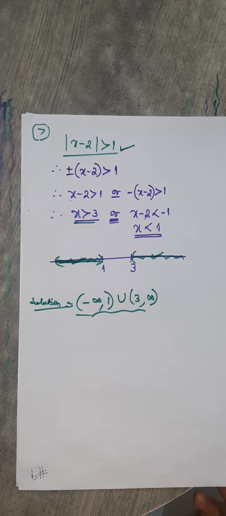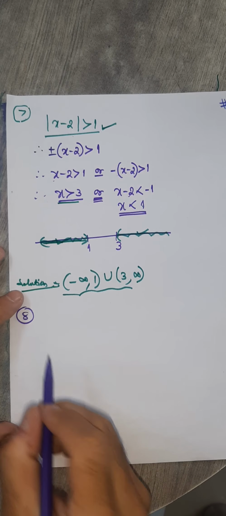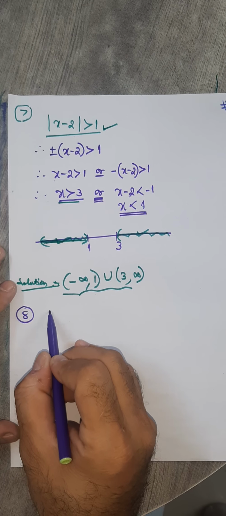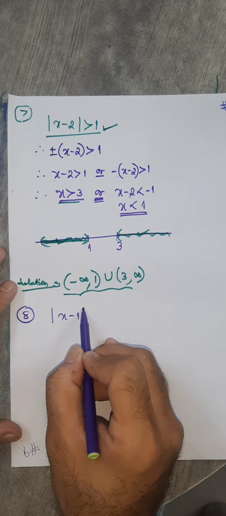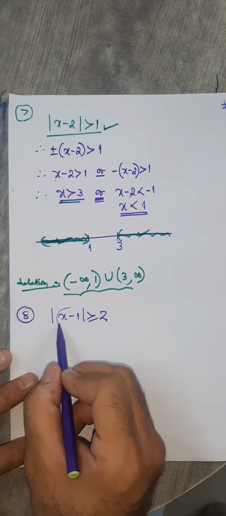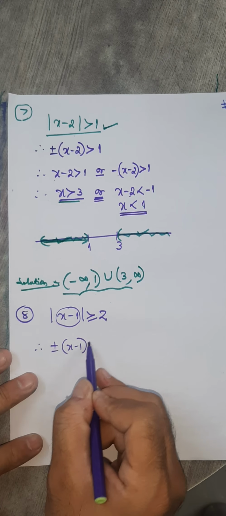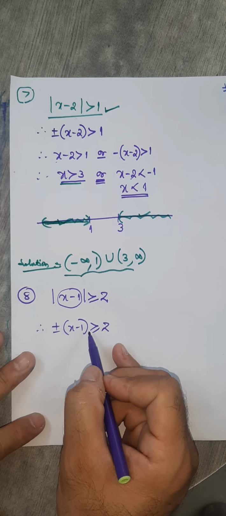Now here one more question. Let's see this. Modulus of x minus 1 is greater than or equal to 2. So plus or minus (x minus 1) is greater than or equal to 2.